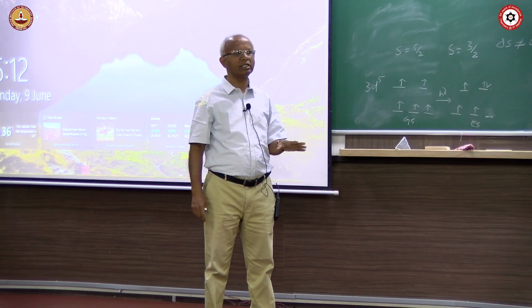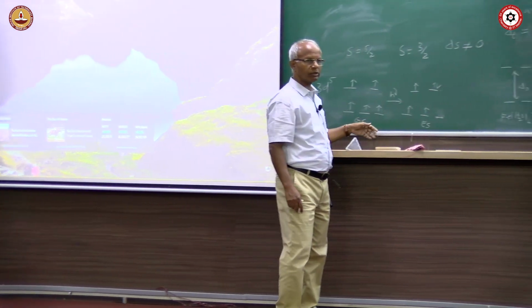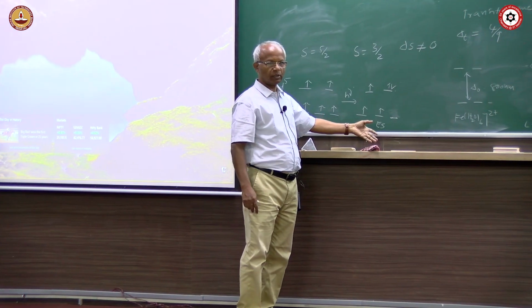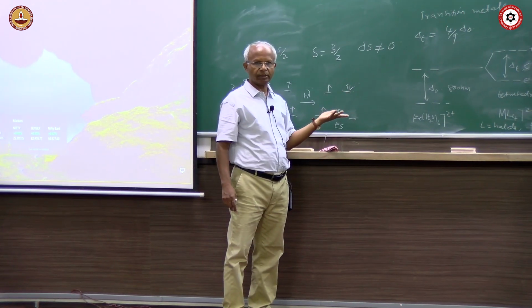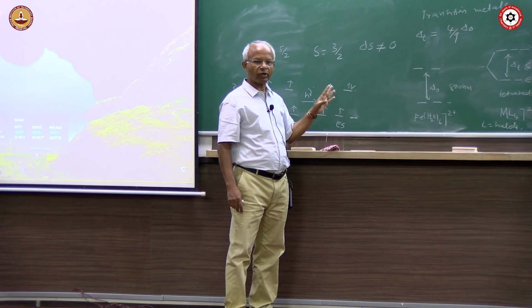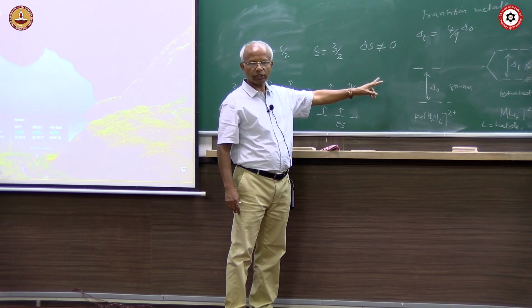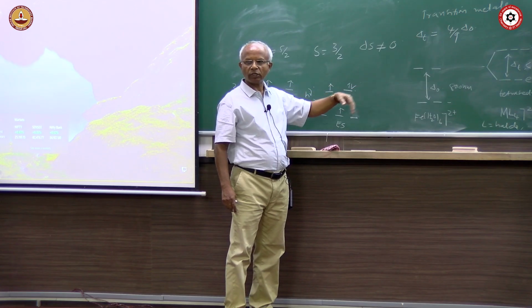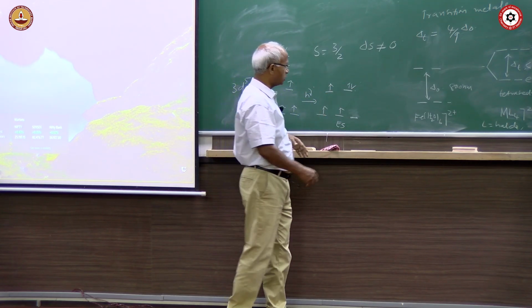Because there is no change in the number of spins. And in this case, there is a change in the number of spins, because what was 5 became 3. If I excite an electron, where will it go? It has to sit somewhere, it has to get paired. So now it has got paired, and the number of spins gets reduced from 5 to 3. So delta S is not equal to 0, right? In such a case, it is called spin forbidden.